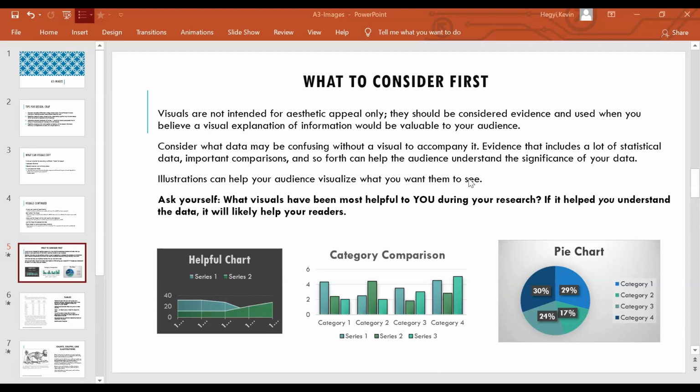This could be a graph, a chart, illustration, something that presents data, something that might be a little confusing in words. So start thinking about that and also ask yourself, what visuals have been most helpful to you during your research? So when you're reading a paper, what has really helped you understand the material? If it helped you understand things, it'll probably help your reader understand. So just some things to keep in mind.